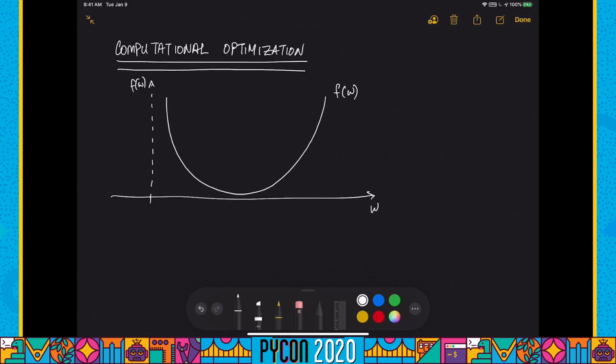If we pick any point on the number line for w, and we evaluate the function at that point, we get another value. Now, we know that it is possible for us to calculate and evaluate the exact value of the gradient at that particular function. That gradient will look pictorially something like that.